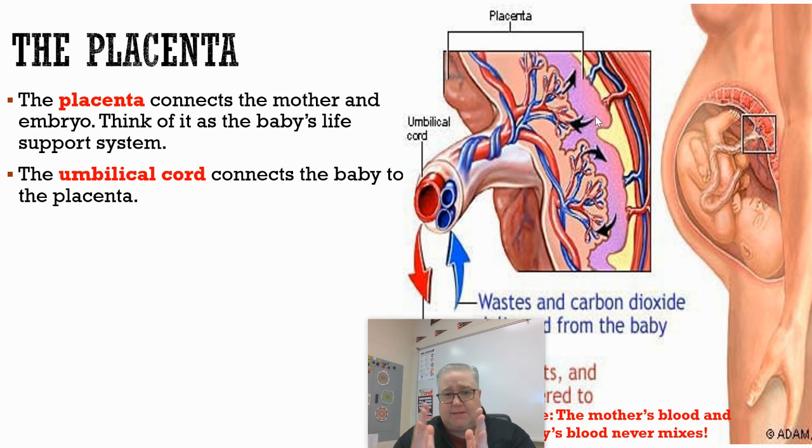That area is a gap between the mother's bloodstream, or the mother's blood vessels, which we see over here. Those are all the maternal blood vessels. And then we have the baby's blood vessels over here on the left.